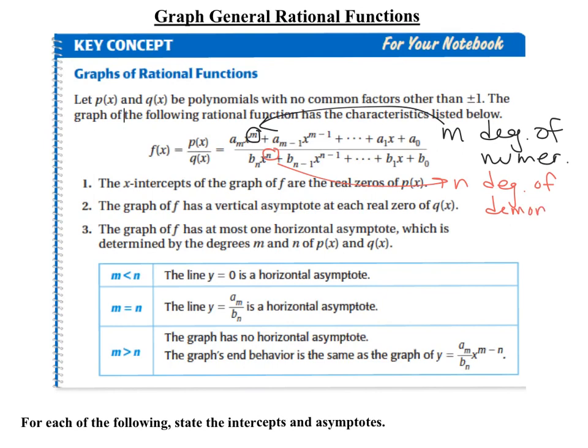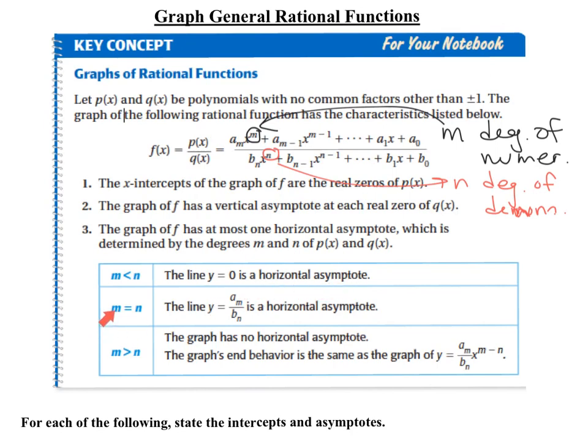So when we find out these different asymptotes, they will talk about the m and the n. This is a chart that you're going to have to memorize. So you have m is less than n. If the degree of the numerator is less than the degree of the denominator, the line y equals 0 is your horizontal asymptote.